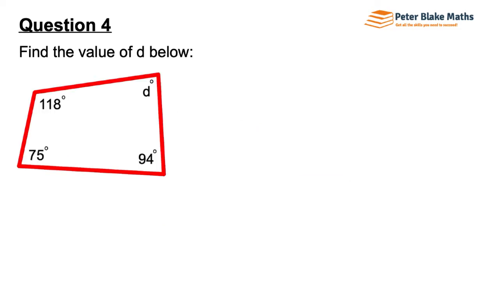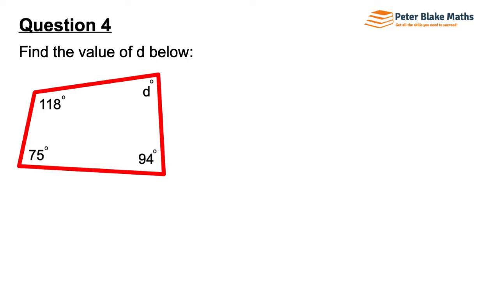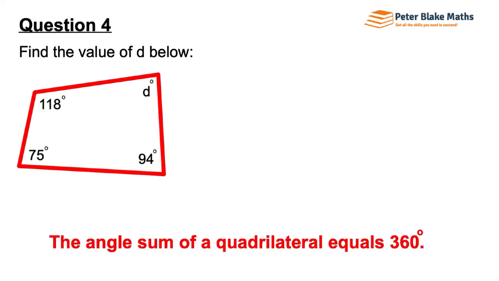Question 4. Find the value of d in the quadrilateral below. The rule for quadrilaterals is that the angle sum of a quadrilateral equals 360 degrees every time.